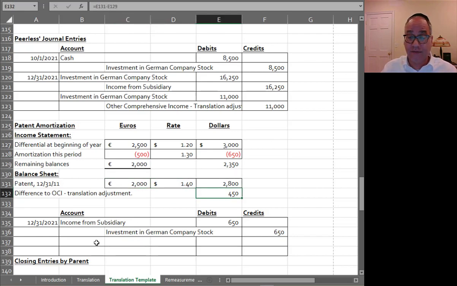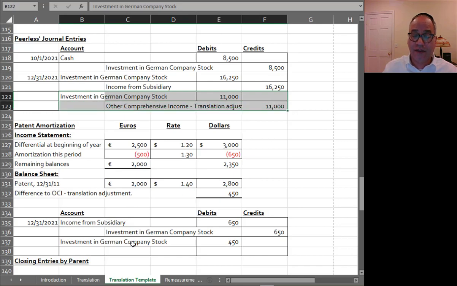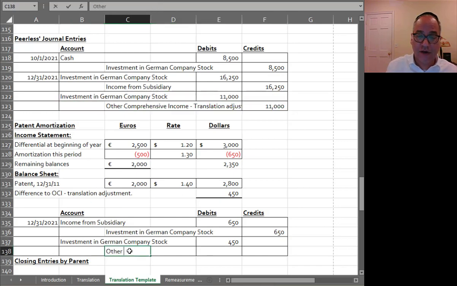So we need to write up this investment by an additional $450. So I'm going to debit $450, and like this translation adjustment up here, this is going to be the same kind of thing, and this is going to go to other comprehensive income, translation adjustment, for $450.